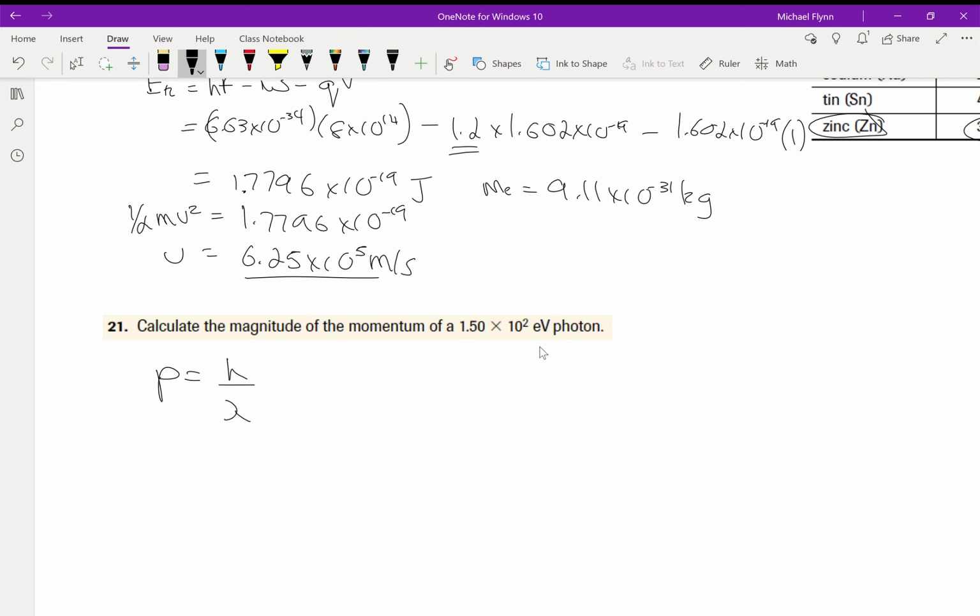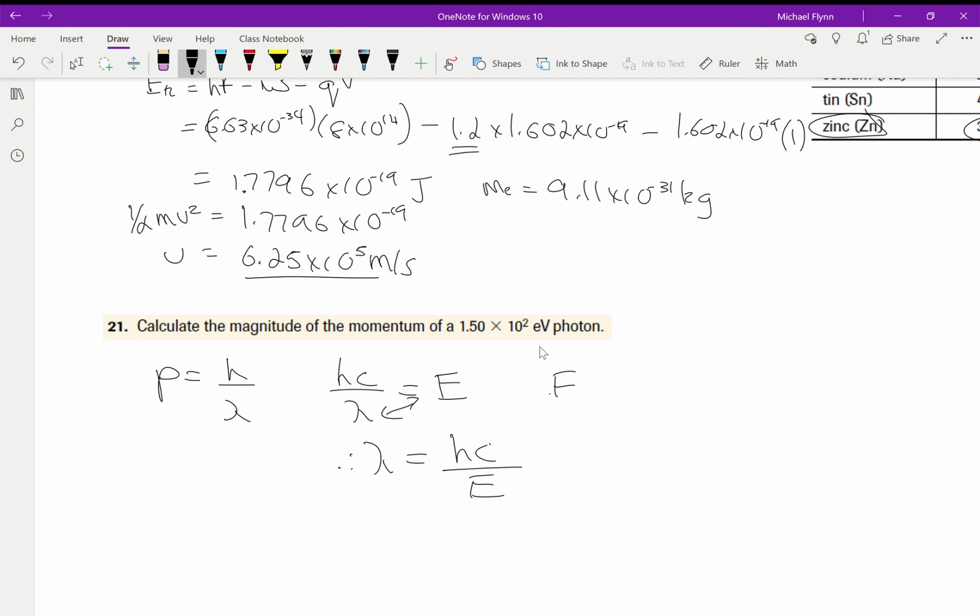So what we're going to do is get the wavelength: hc over lambda has to equal the energy in the photon. Therefore lambda will equal hc divided by the energy. We're just going to cross multiply here, and then we'll just plug in these numbers.